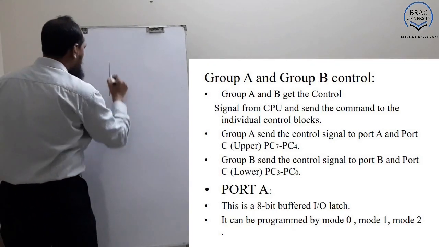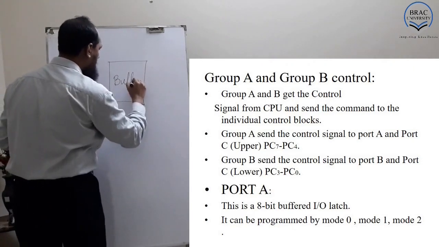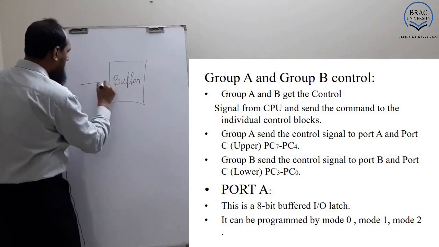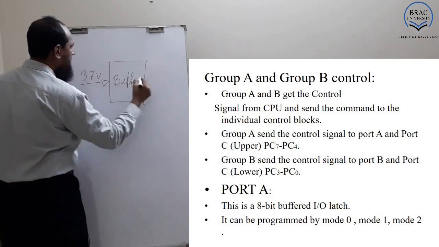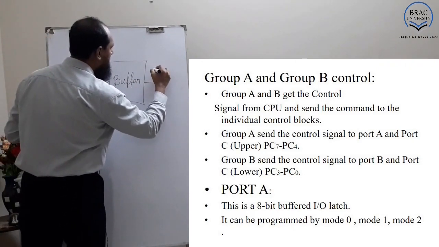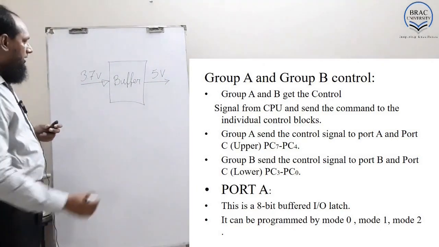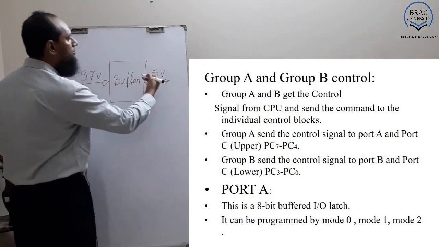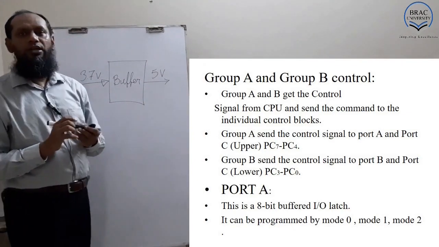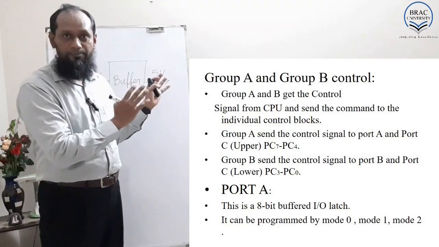If this is the buffer and it gets 3.7 volt, it will provide 5 volt. In the same way, if it gets around 0, it will provide the voltage assigned for 0. So that is a buffer.